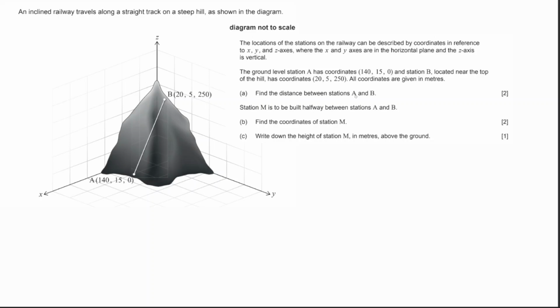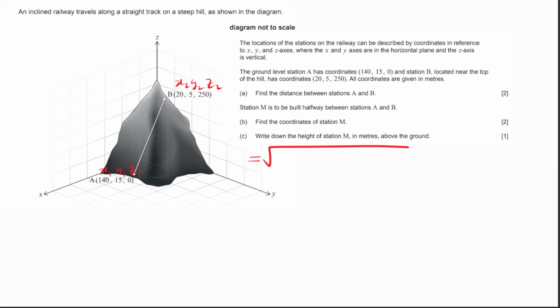So find the distance between stations A and B. Okay. So again, we're just going to use the distance formula. So the distance is going to be the square root, and we're subtracting the coordinates. So we can say this is x1, y1, z1, x2, y2, z2.